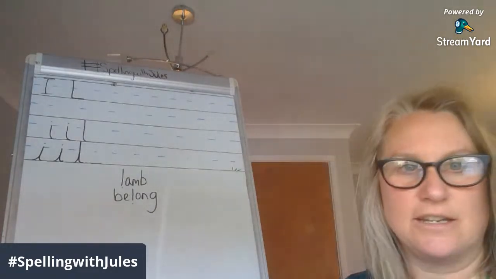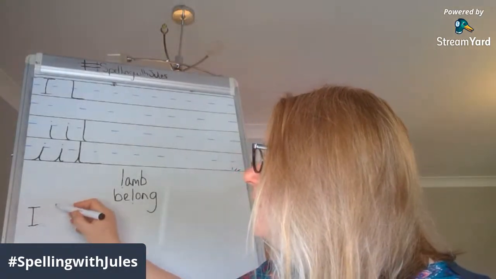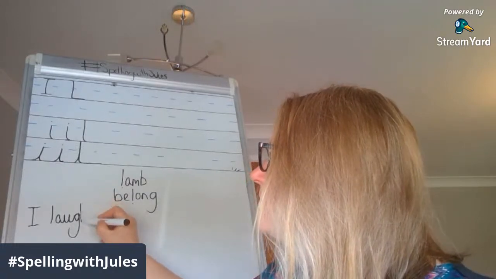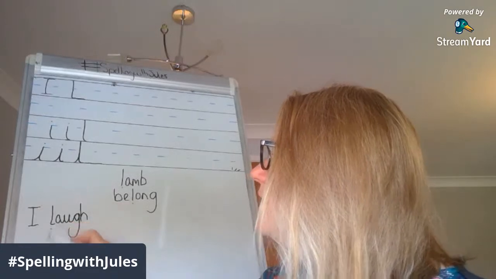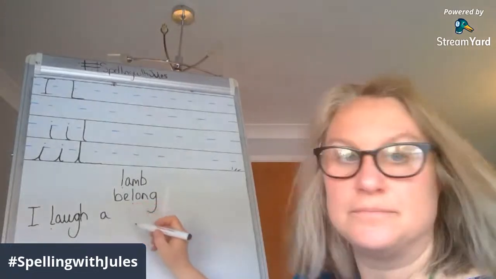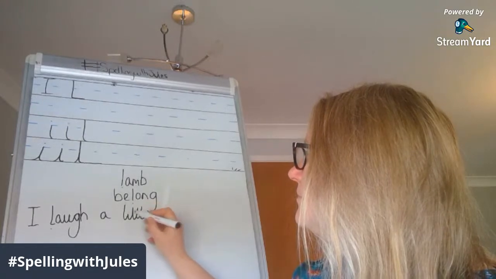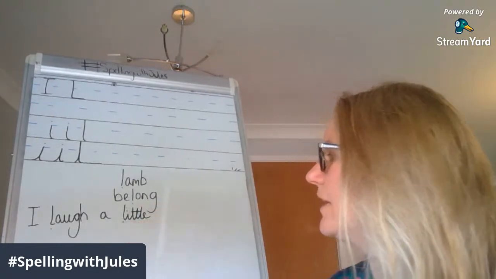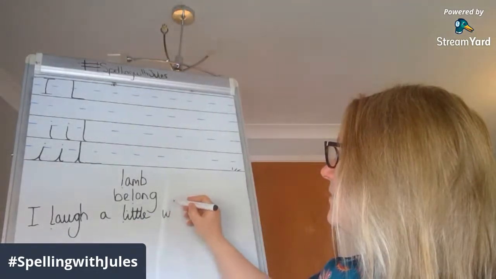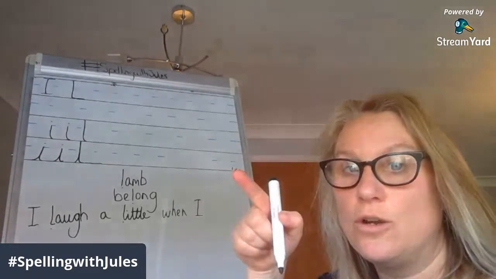Okay, right, my sentence. I don't know what your sentence is, but mine is I laugh. It's another L. Okay, so I laugh a little, and that starts at the beginning again. I laugh a little when I, and then my next word is look.